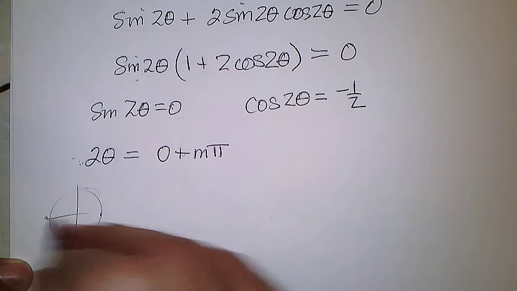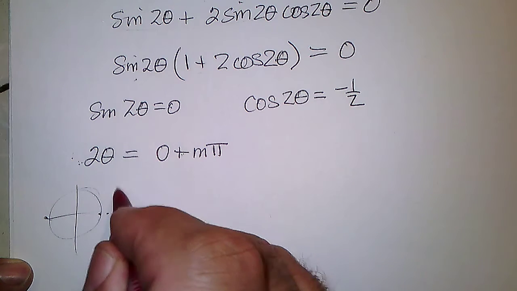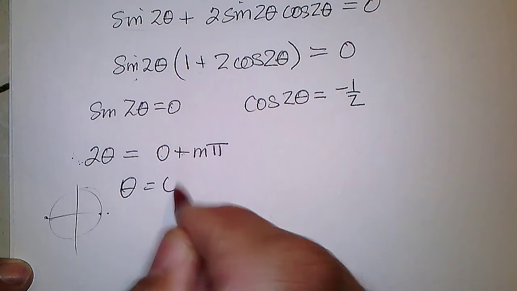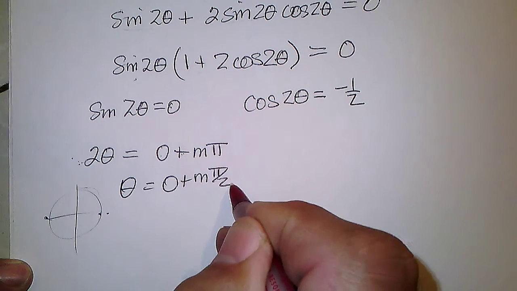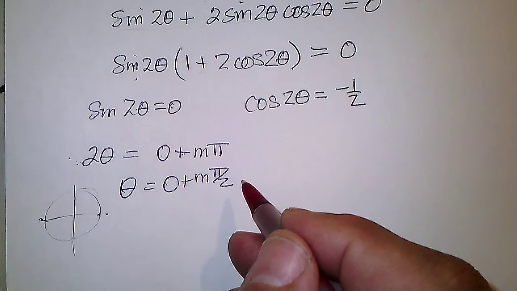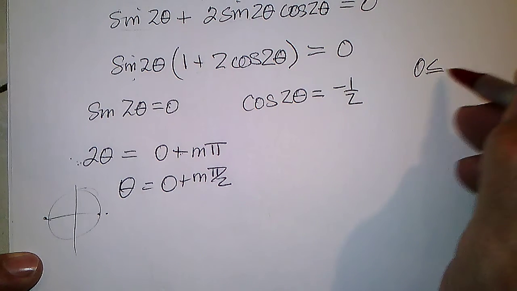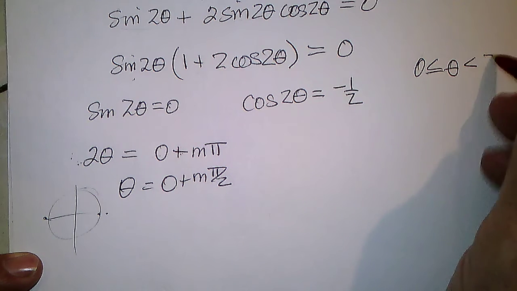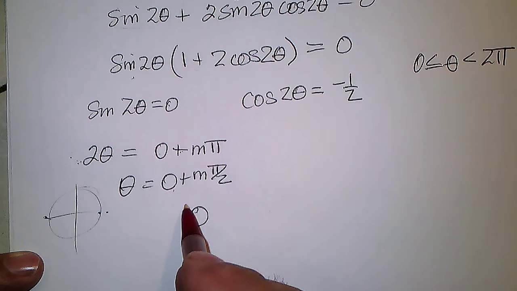And so if I divide by 2, theta is 0 divided by 2, still 0, plus multiples of pi over 2. And I'm supposed to find answers between 0 and 2 pi, 0 less than or equal to theta less than 2 pi. So 0 would work.